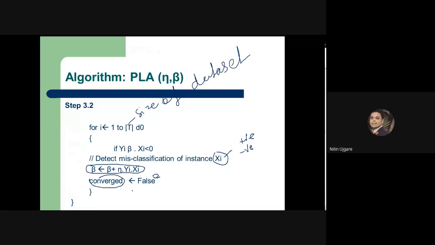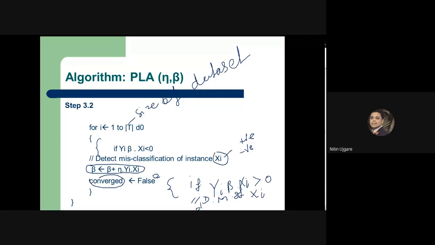This loop again we use, if this we can take in 1, and again we can take it here. If yi dot beta dot xi is greater than 0, then it detects the misclassification of instance xi, and we simply update the weight.